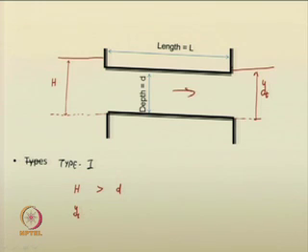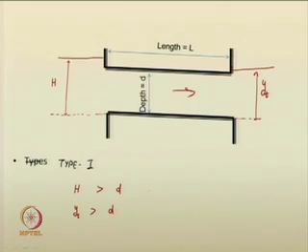Similarly, the tailwater depth is also greater than D. If both the headwater and tailwater depths are greater than the depth of the culvert, then definitely inside the culvert the flow should be full.